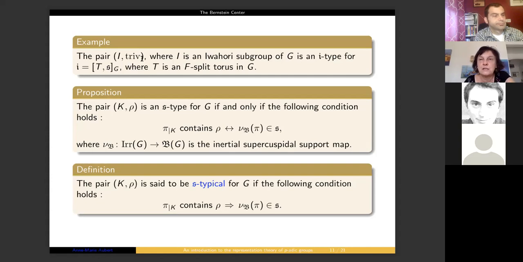For GL_n, it is, for instance, the upper triangular matrices, and you consider the inverse image of that Borel subgroup under the reduction map. What you get is a subgroup of GL_n(O_F), and this is an example of a standard Iwahori subgroup.